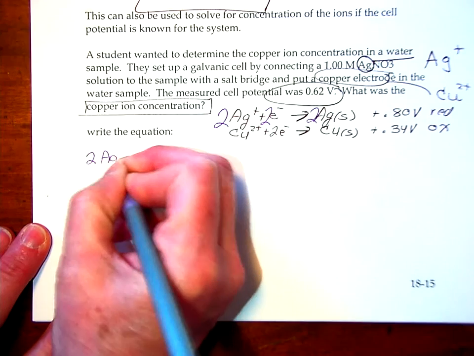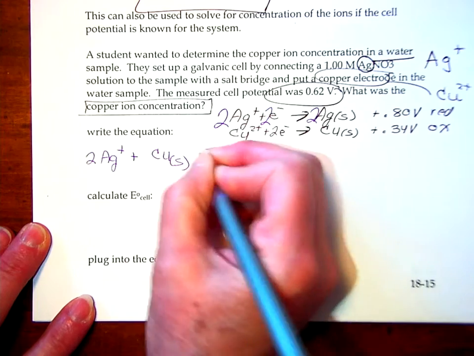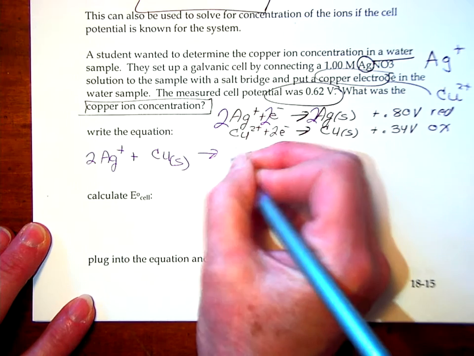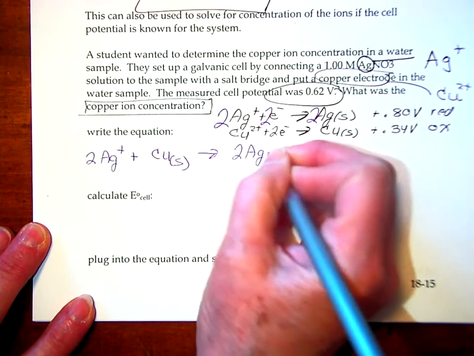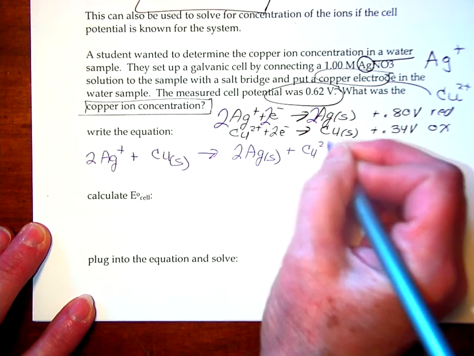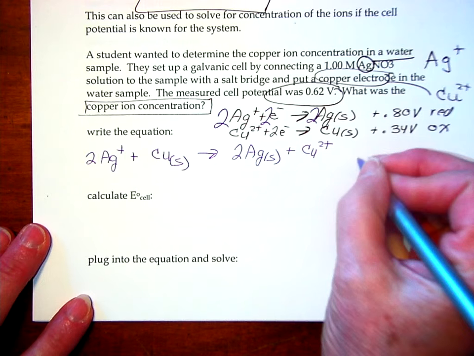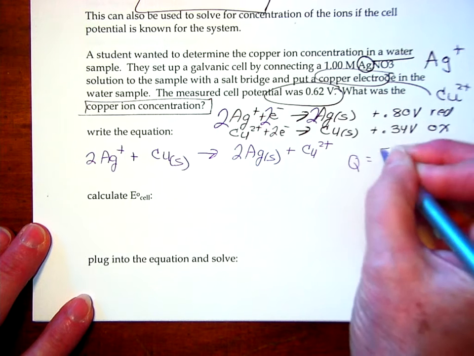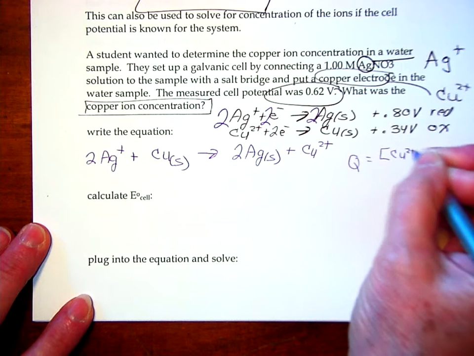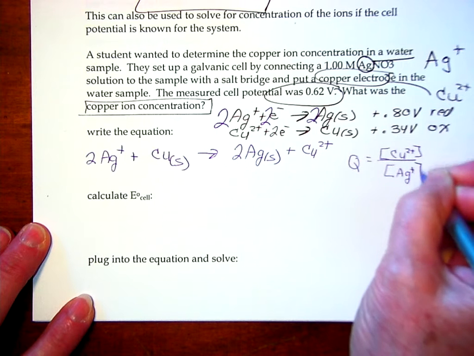2 silver ions plus copper solid yields 2 silver solid plus copper 2 plus. And looking at this, we can write the Q expression, the ion product, is equal to the concentration of the copper 2 plus ion divided by the concentration of the silver ion squared.